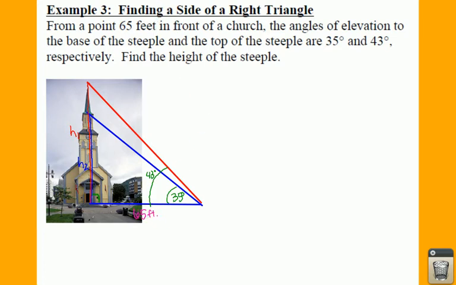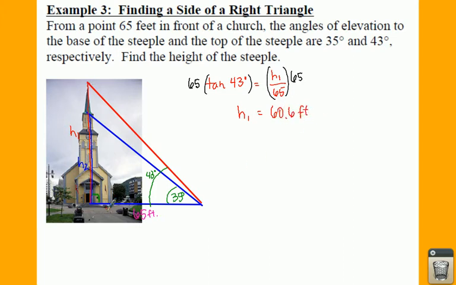So we have the tangent of 43 degrees is equal to the opposite side, H sub 1, over 65. To solve this equation, we multiply both sides by 65. Make sure your calculator is in degrees, and you're going to find that H sub 1 is equal to 60.6 feet.